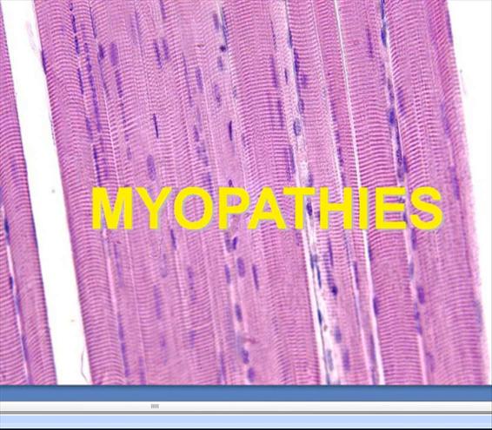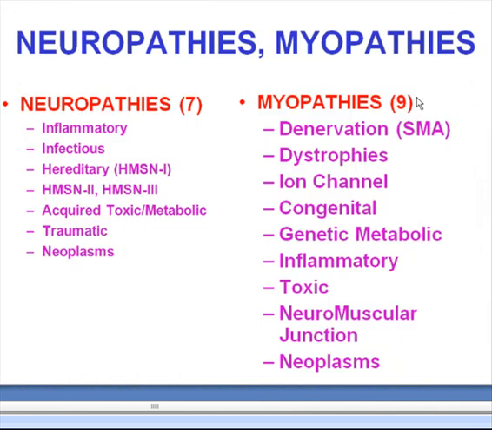They're diseases of nerves, because the general principle is you zap the nerve, you kill the muscle. We're going to talk about the general things that Jerry Lewis talks about every Labor Day. We're going to look at myopathies in terms of their ability to let potassium in or out of the cell, the so-called channel myopathies. We're going to talk about the general but numerous types of congenital floppy baby myopathies. We'll talk about some general genetic metabolic things. There's a whole bunch of those, as well as our usual thing, toxic, inflammatory.